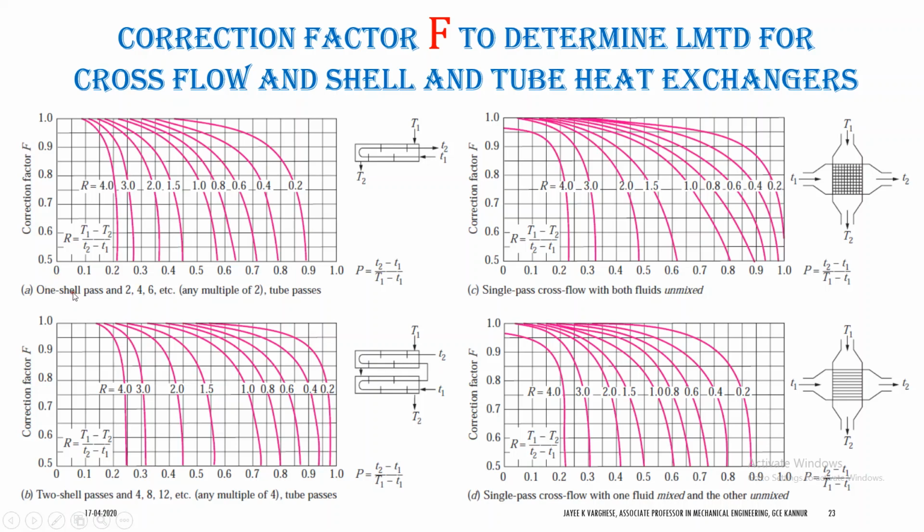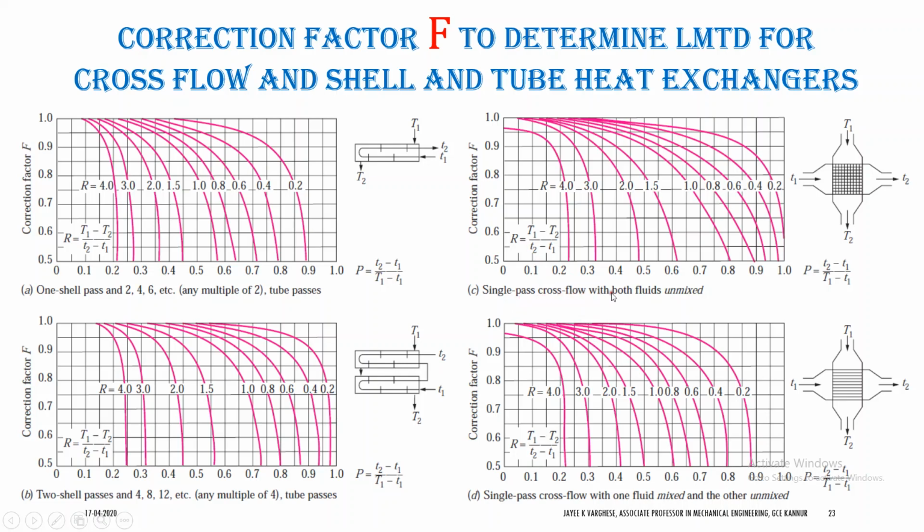Now we can familiarize ourselves with the titles. This is shell and tube, one shell pass and many tube passes, whereas this is for two shell passes and many tube passes. One shell pass, 2, 4, 6 tube passes; two shell passes, 4, 8, 12 tube passes, like that. And for a cross flow heat exchanger, we have two more.